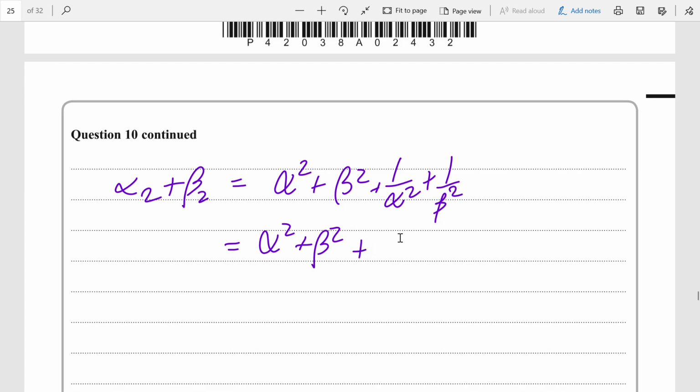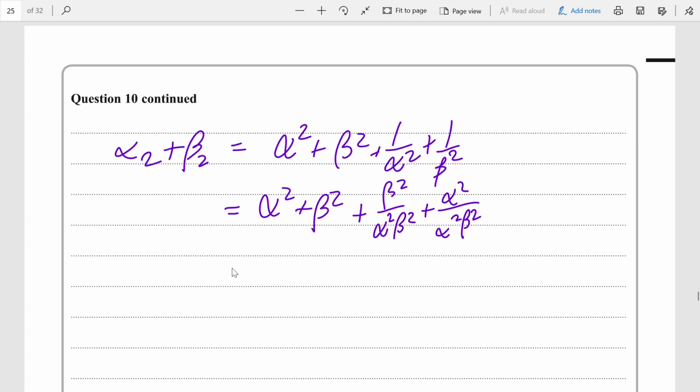So this will be beta squared over alpha squared beta squared plus alpha squared over alpha squared beta squared, which would be equal to alpha squared plus beta squared plus alpha squared plus beta squared over alpha squared beta squared. Wow, a lot of squares. Quite the arrangement we have here.